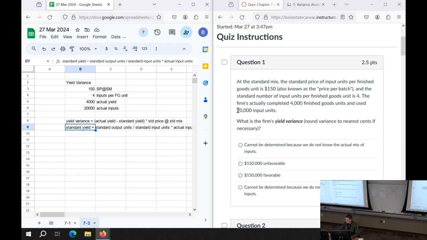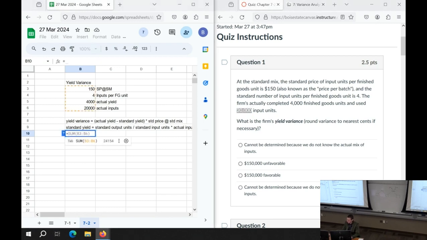And that should be the number of outputs we should have gotten given our actual number of input units. In this case, we actually used 20,000 input units. So given 4-to-1, we should have had a standard yield of 5,000. Aside from terminology, does that make sense?